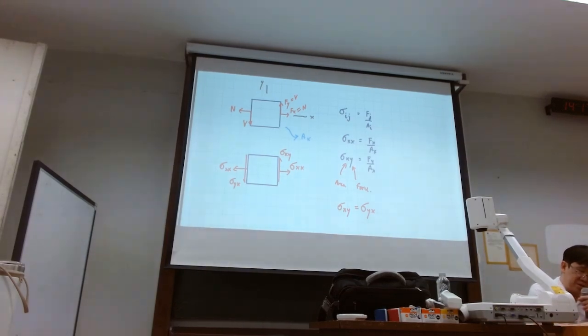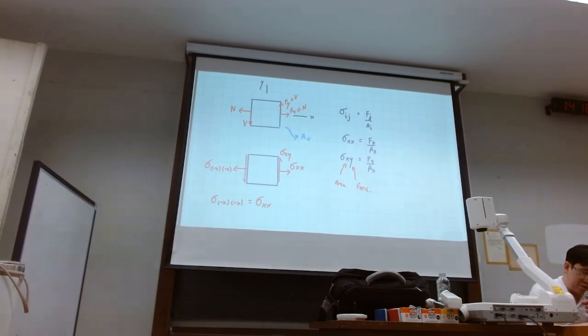Actually, I didn't do it right. Sorry about that. Let me do it differently, because I kind of jumped ahead. So this is the stress, area is minus x, direction is minus x. So it means that minus x must be equal to the x itself.